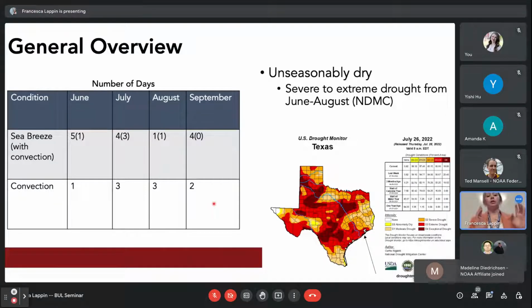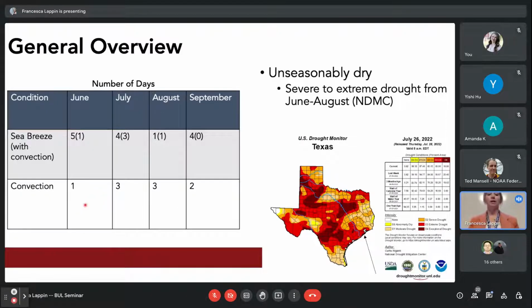So this table is completely subjective of me qualifying days as sea breeze days, sea breeze with convection in parentheses, or just convection and near storm environments, or if we got rained out for a few flights. With this being a catch-all for, was the sea breeze there, or was it synoptically forced?